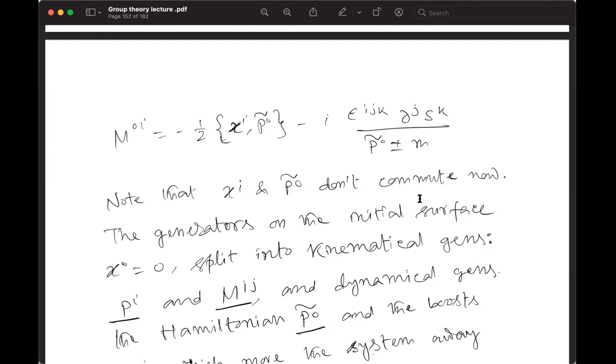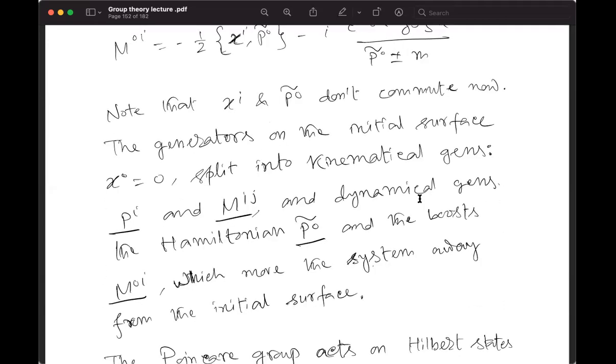The generators on the initial surface x⁰ equal to 0 split into kinematical generators, one being Pᵢ and the other being M_{ij}, and dynamical generators, the Hamiltonian P̃⁰ and the boost M_{0i}, which move the system away from the initial surface. This is the purpose of the boost.